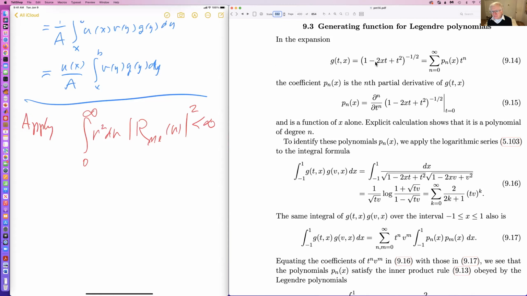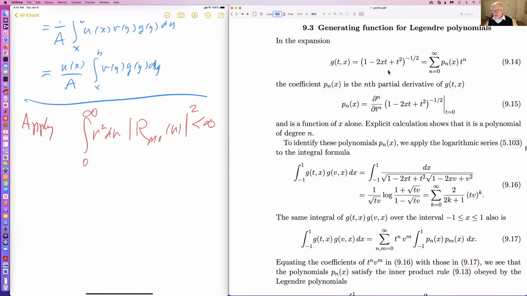Anyway, this generating function is g of t and x, and it's this little polynomial here, raised to the power minus 1/2. This is the generating function for the Legendre polynomials. And as I said, I find this to be a magical formula. All of these generating functions strike me as being absolutely magical.